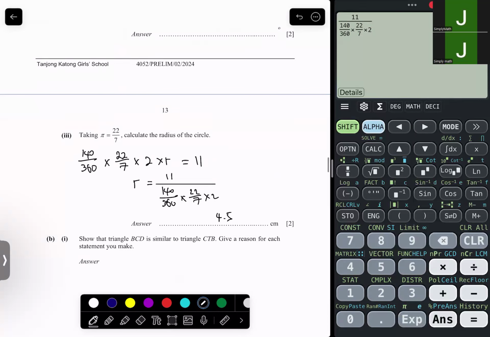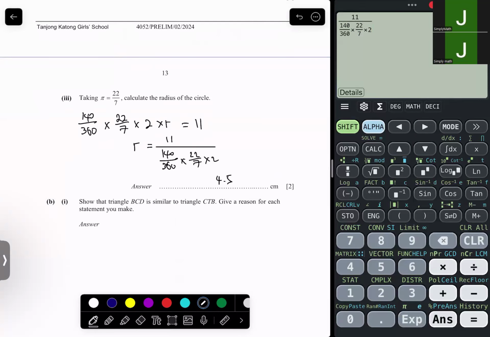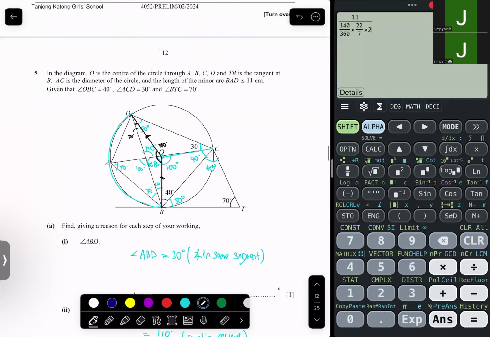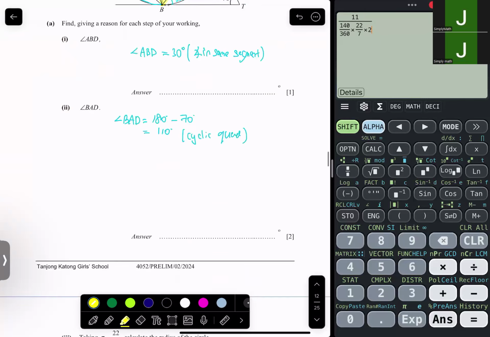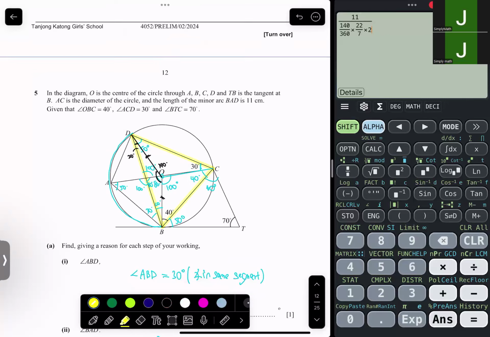Show that triangle BCD is similar to triangle CTB, giving a reason for each answer that you make. BCD is similar to CTB.